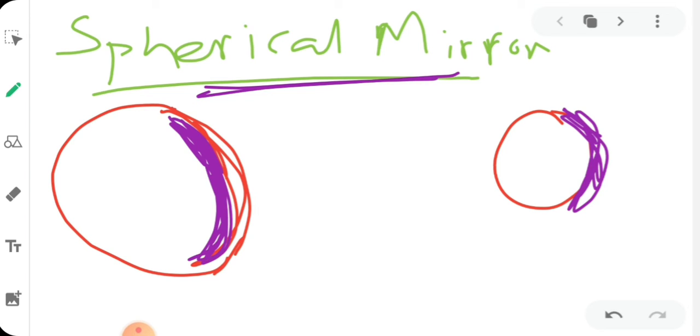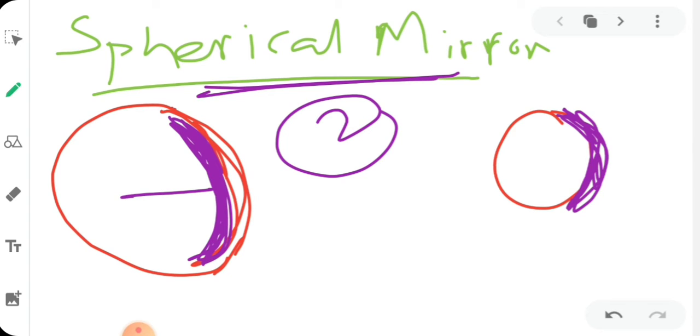And these spherical mirrors are of two types. I said some time before that the reflecting surface may be from inside or from outside. Now if the spherical mirror has the reflecting surface towards the center, then such a type of mirror is known as a concave mirror.